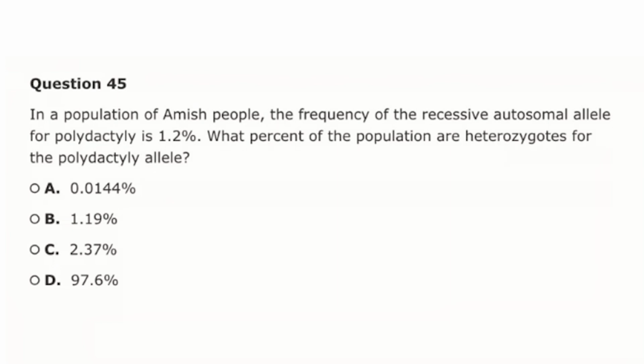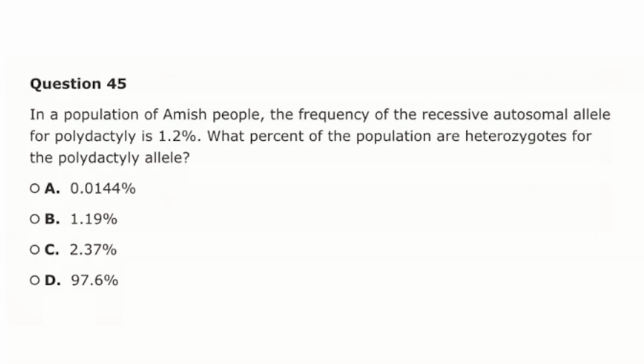And heterozygote means you have at least one of them, right? Are they saying that is the population that's homozygous? What is the frequency of it? I'm like, wait, it's just 1.2%. Yeah. If we're asking for people who are heterozygous for the allele, that presumably means people who carry one copy of the recessive allele and one copy of the dominant allele.